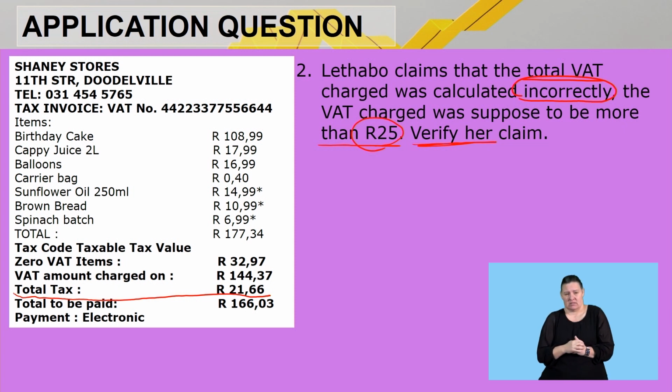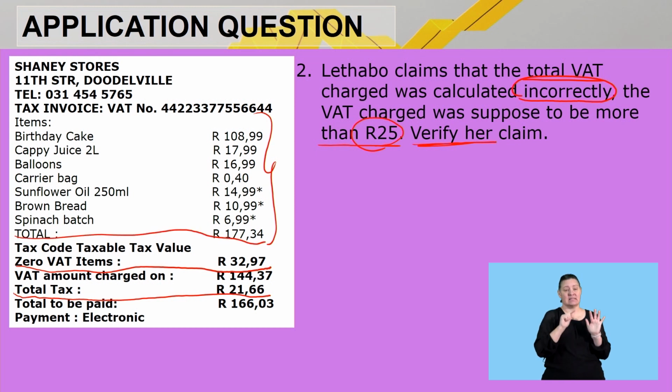Now remember, on this till slip, there are items which are zero rated. We must exclude them from VAT. The zero rated items cost us 32 Rand 97. The total amount of all these items was 177.34.